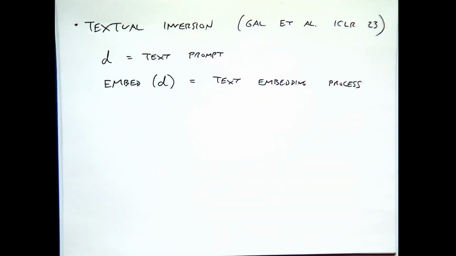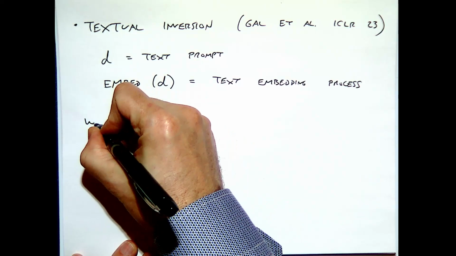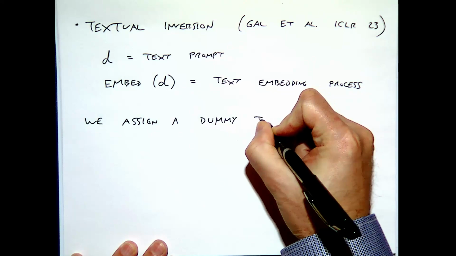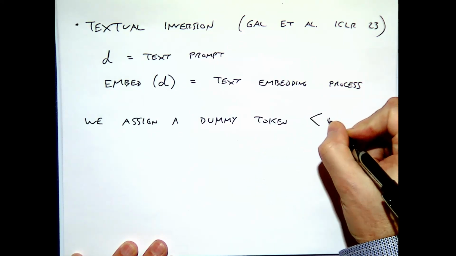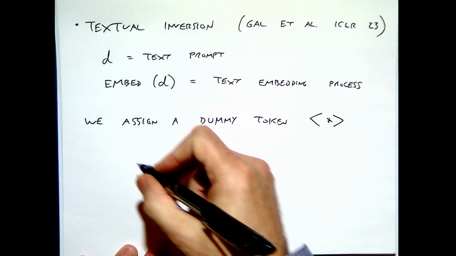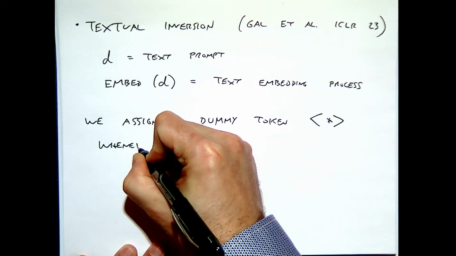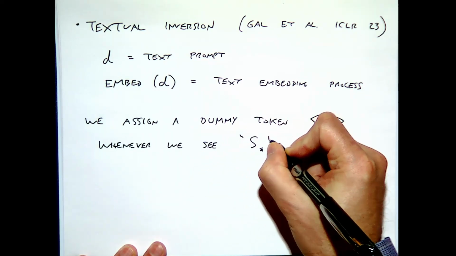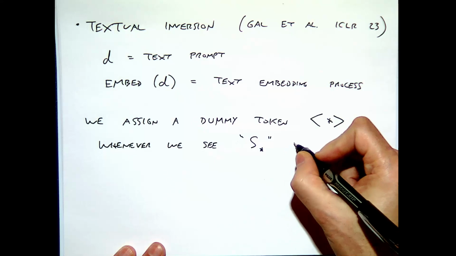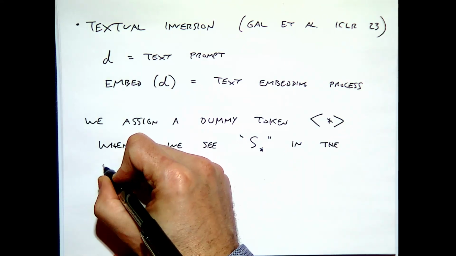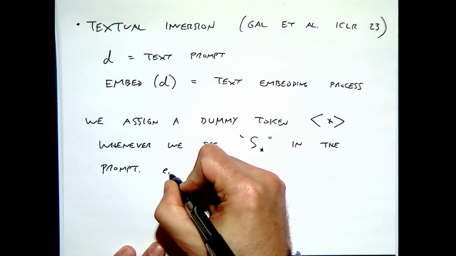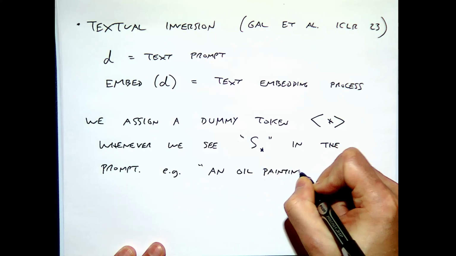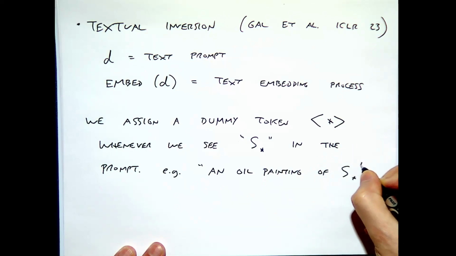And so how does that work? The idea is that we assign a dummy token, let's call it asterisk, whenever we see the thing S star in the prompt. For example, we might have a prompt like an oil painting of S star, okay?